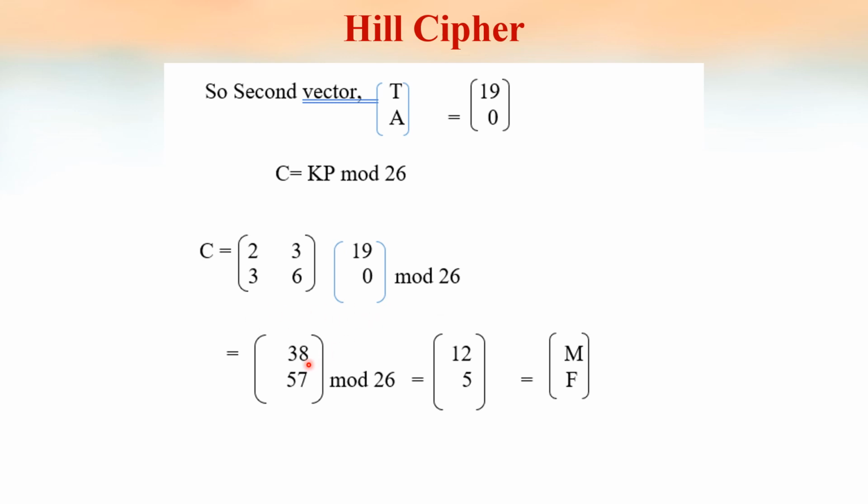Multiplying these two matrices, we get 38, 57, then mod 26. 38 mod 26 is 12, 57 mod 26 is 5. For 12, the corresponding letter is M, for 5 it is F. So TA is encrypted as MF.